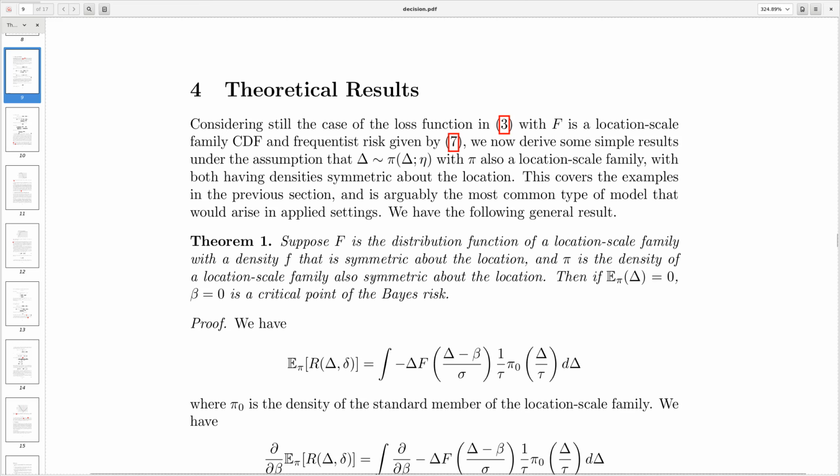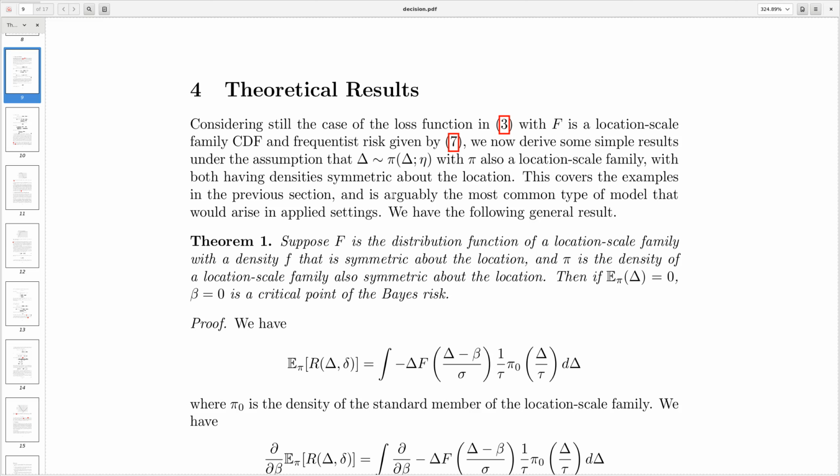Considering still the case of the loss function in 3, F is a location scale family of cumulative distribution functions, and the frequentist risk is given by 7.